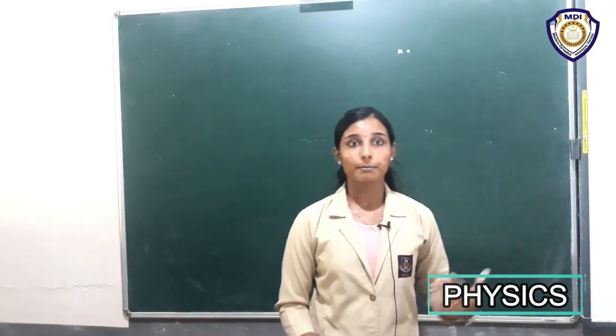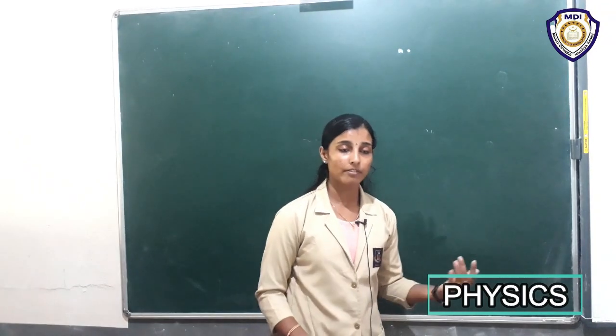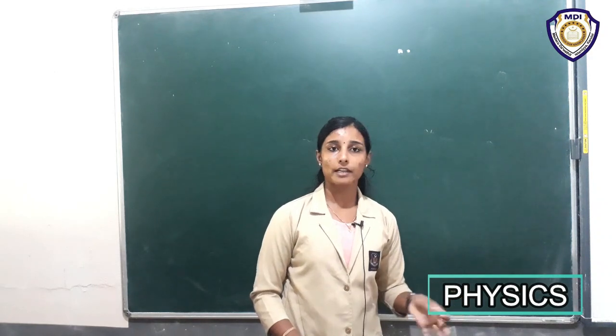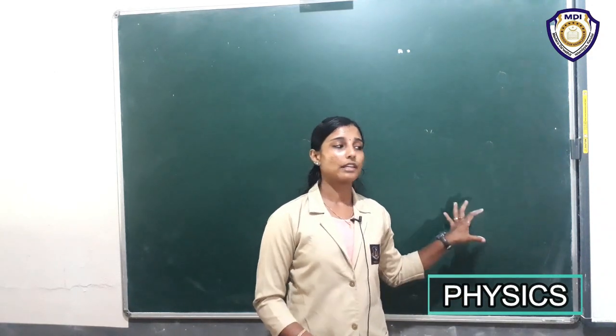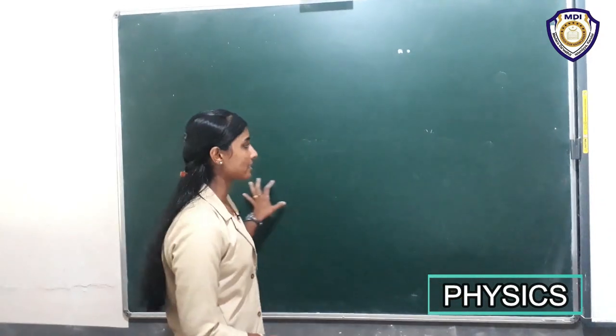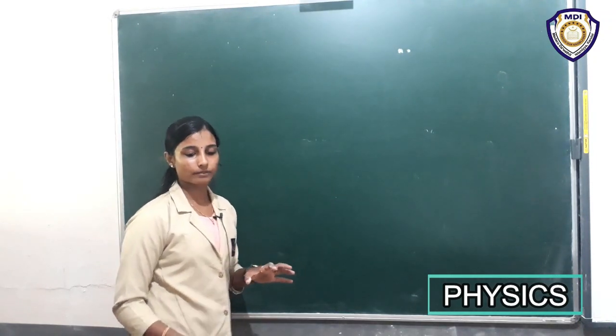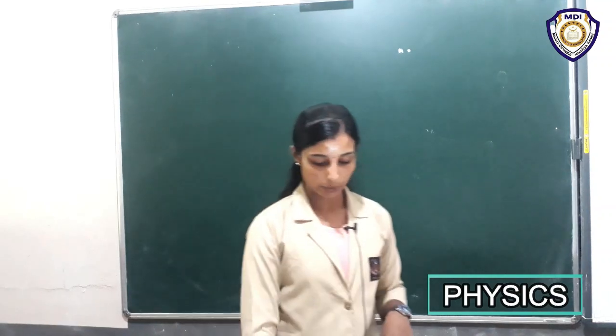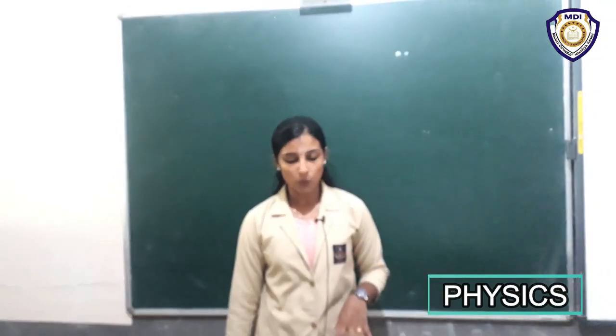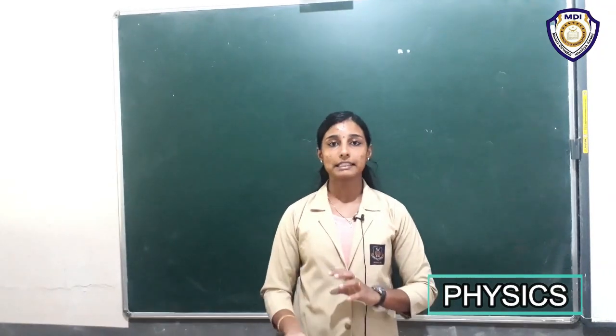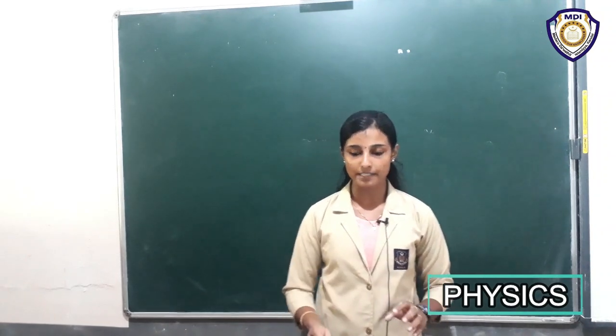Okay. So in the previous class we studied about the electric circuit, and at that time we became familiar with some of the symbols used in the electric circuit. Circuit diagrams contain many symbols, right?